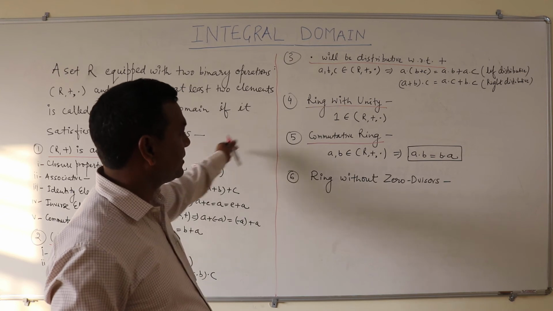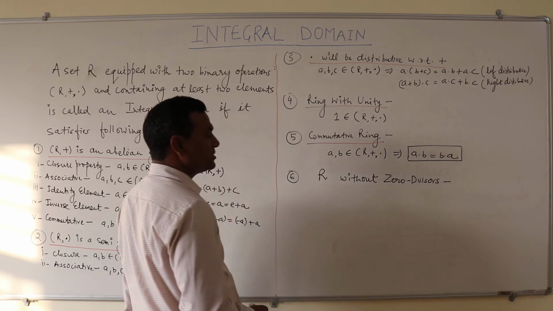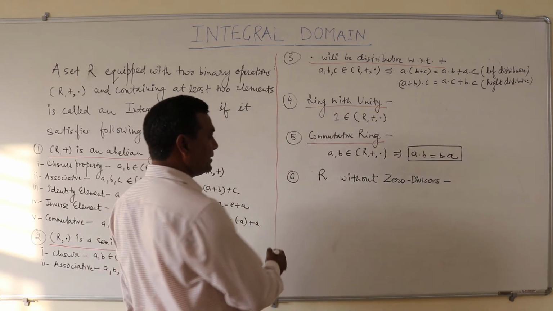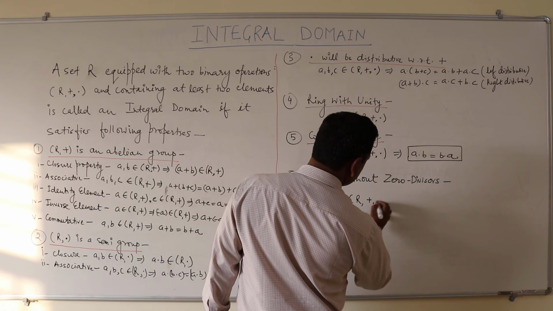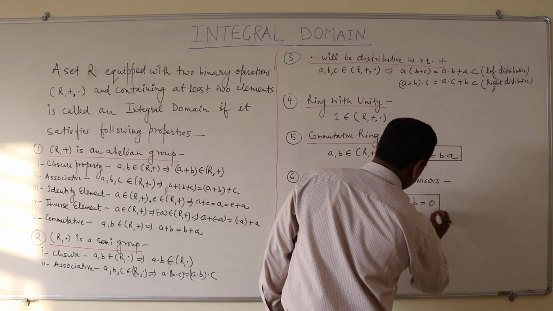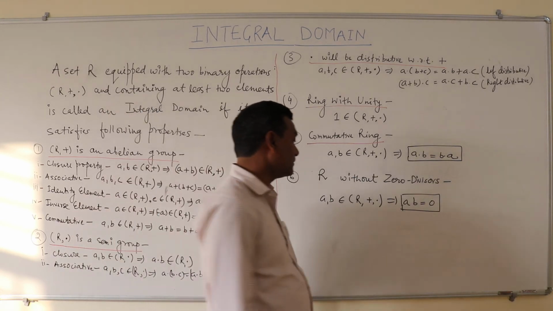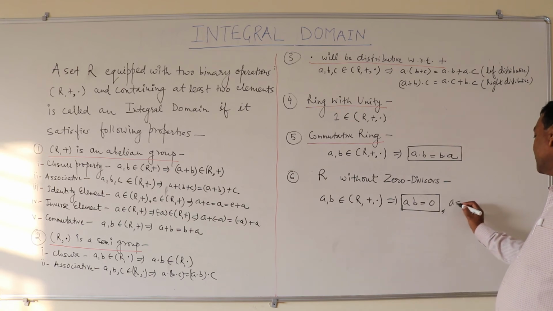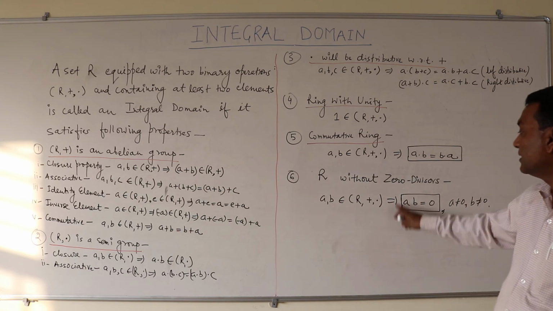It means this set will be without zero divisors, or we can say that if A comma B belongs to this, then A B equals 0 means if the product of two non-zero elements is 0, in this case A is not equal to 0 and B is not equal to 0, it will not have the zero divisor.